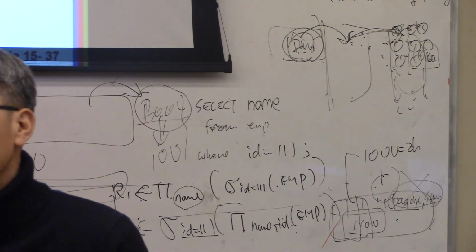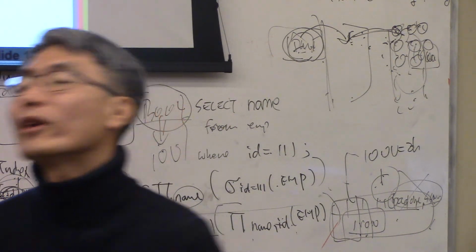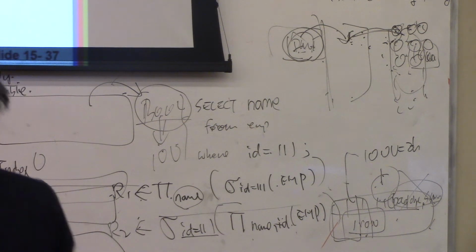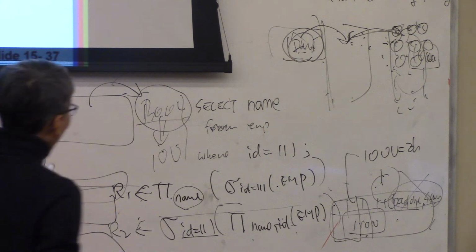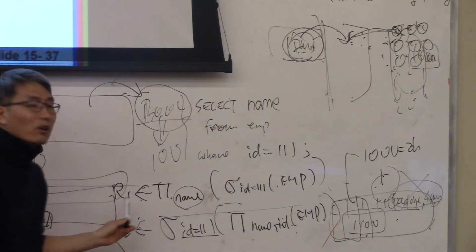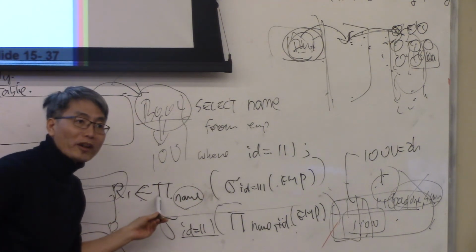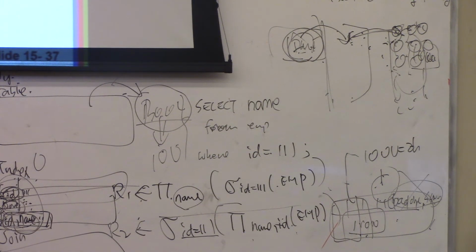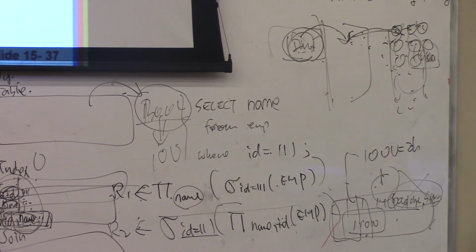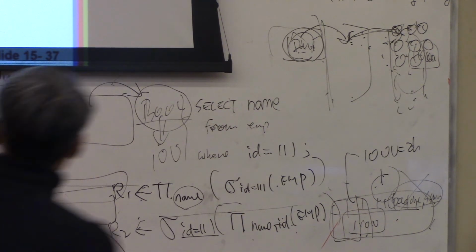Because it can reduce the I/O. So heuristic approach is always to process earlier, as soon as possible, any operation that can remove the data, rule out the data. Okay? So if you take out any data in advance, then the query will be faster. That is the idea of the heuristic approach.